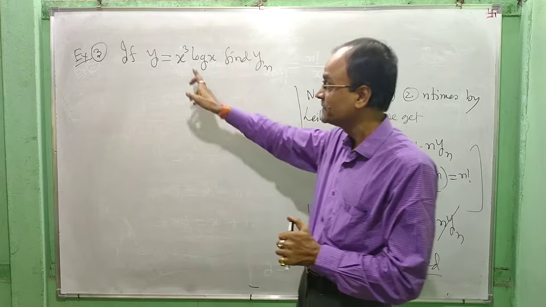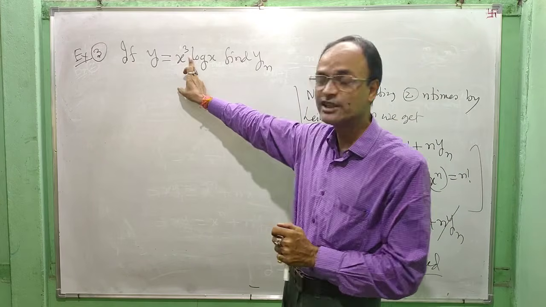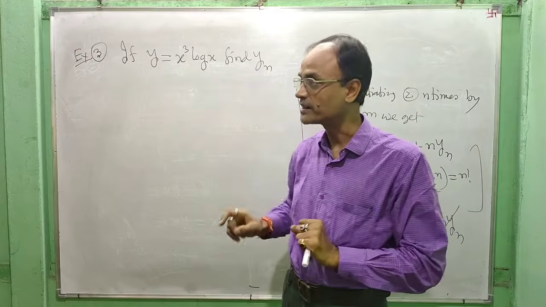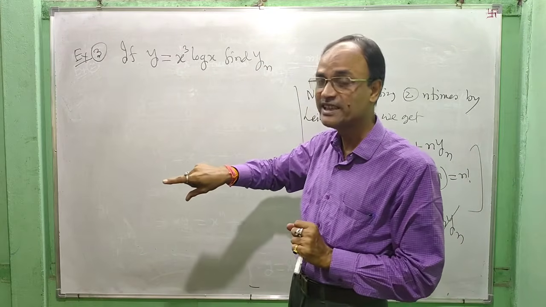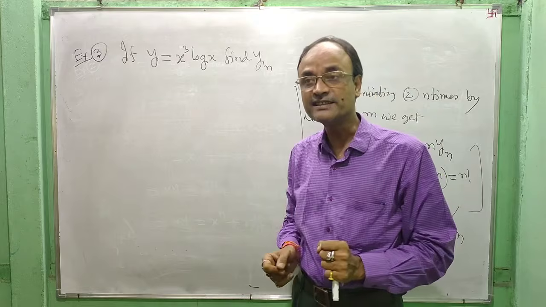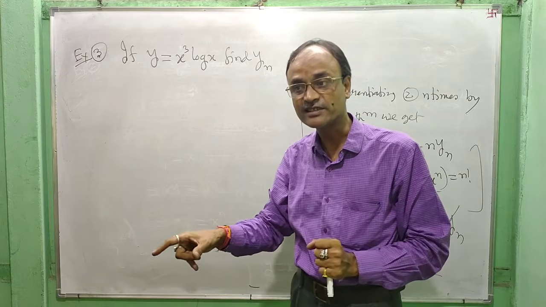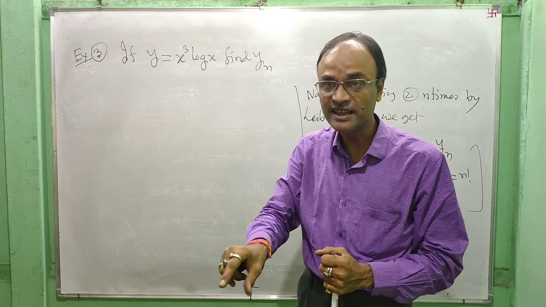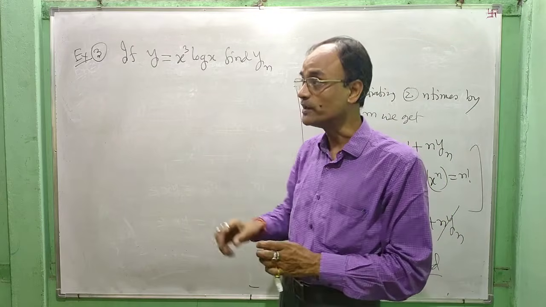Notice that if you differentiate x cube, you will get 3 x square. If you differentiate 3x square, you will get 6x. If you differentiate 6x, you will get 6. If you differentiate 6, it will be 0 and other terms will be 0.